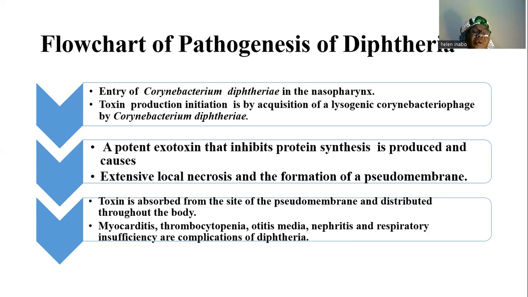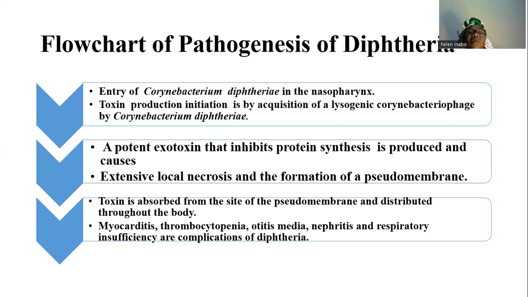A potent exotoxin that inhibits protein synthesis is produced and causes extensive local necrosis and the formation of pseudomembrane, which can block the airways, and then toxin is absorbed from the site of the pseudomembrane and is distributed throughout the body.